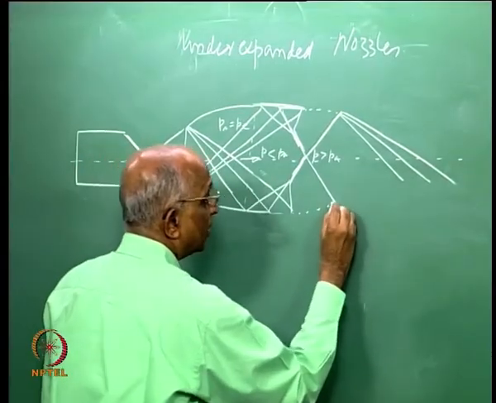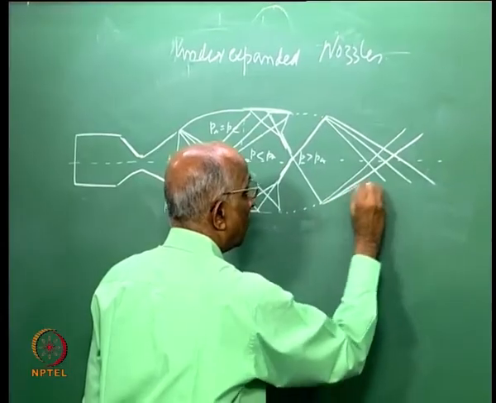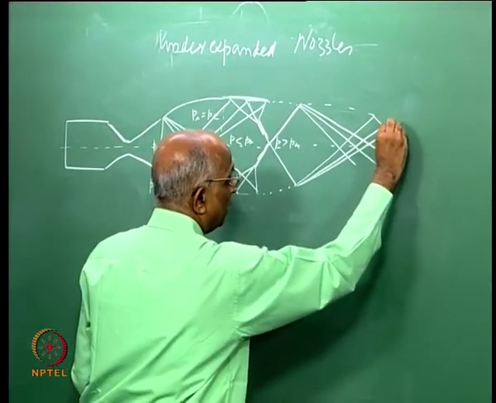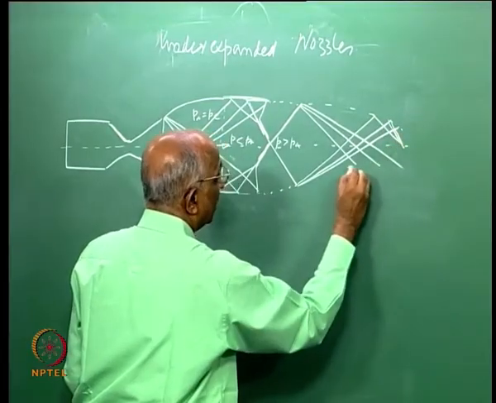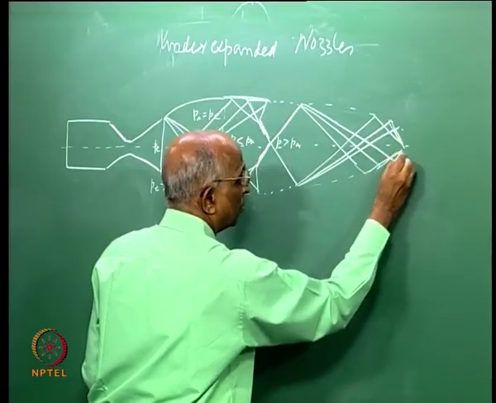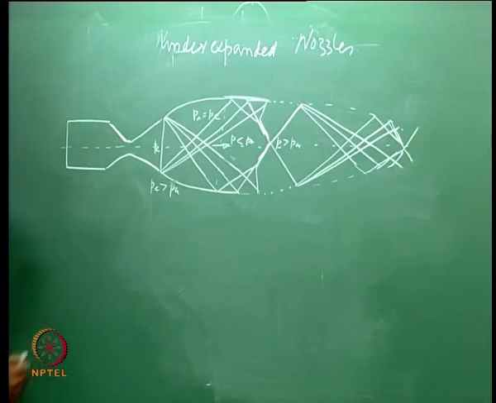Over here it strikes, I start generating these rarefaction fans again, and then this comes and strikes here. I again get an oblique shock wave. This strikes the plume over here, I again get an oblique shock wave, and this type of thing continues.